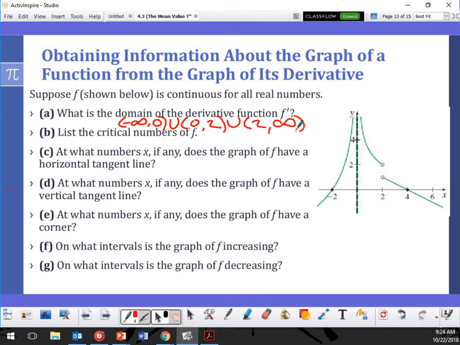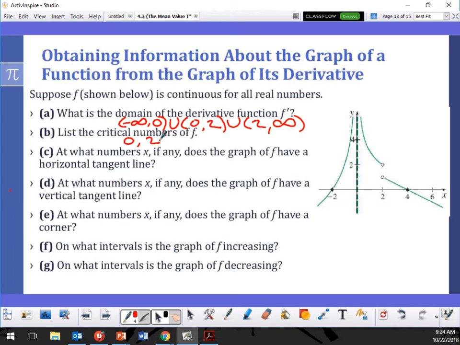Okay, critical numbers of f. Critical numbers. What's a critical number here? Anything else? 2, right? Why is 2 a critical number? Yeah, can't take the derivative there, and it's a jump.